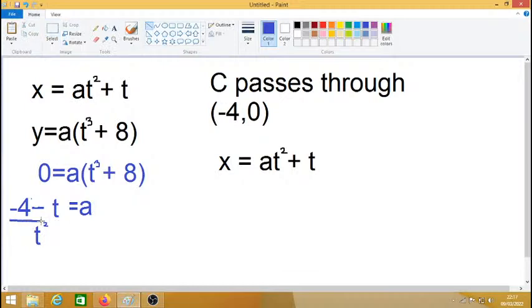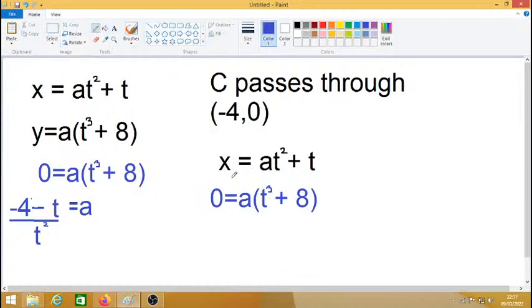And that's my expression for a, which I could then substitute into this first equation if you needed to. But taking a close look at that first equation, there is a quick way of getting the answer. This is just like solving a quadratic equation once you've factorized it.